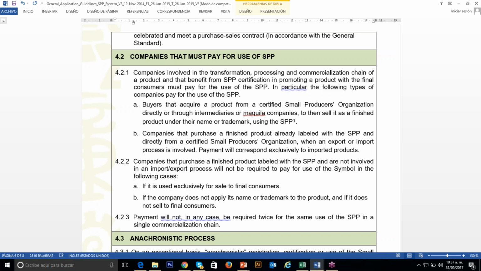Isn't it the same example? If I am a company that buys final product from an SPO, if they have final product with their own brand, I don't have to pay the user's fee because I am trading in Mexico. But if I am a company in the USA or Canada, for example, and I buy the product from a Mexican cooperative that sells final product with their own brand, I would have to be registered and I would have to pay the user's fee because it involves an import or export process.